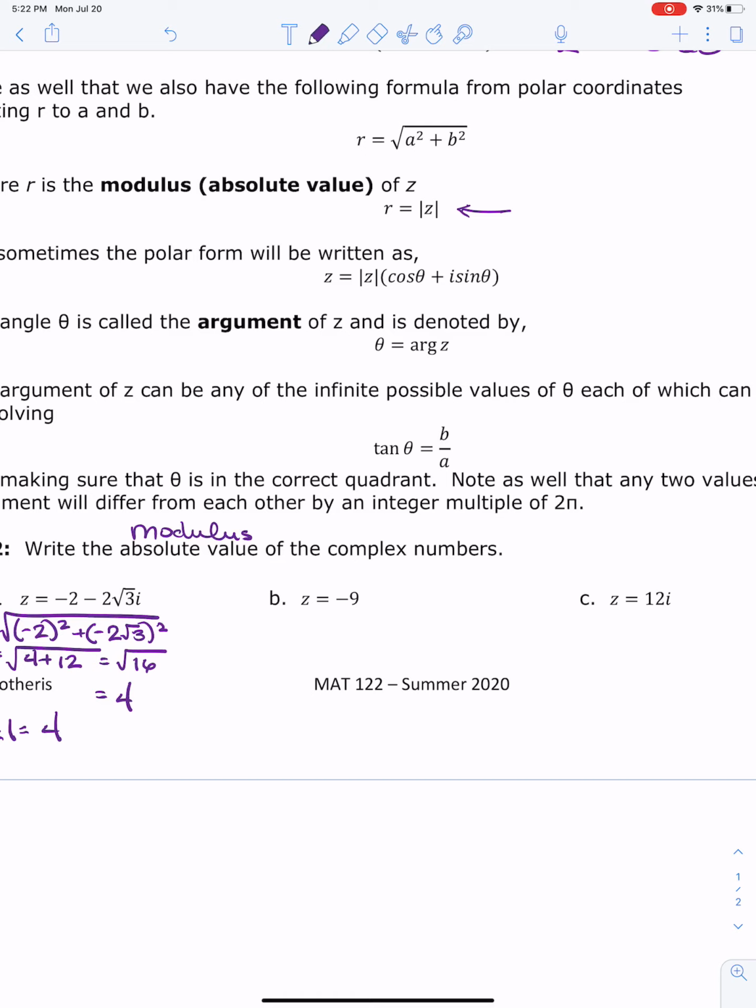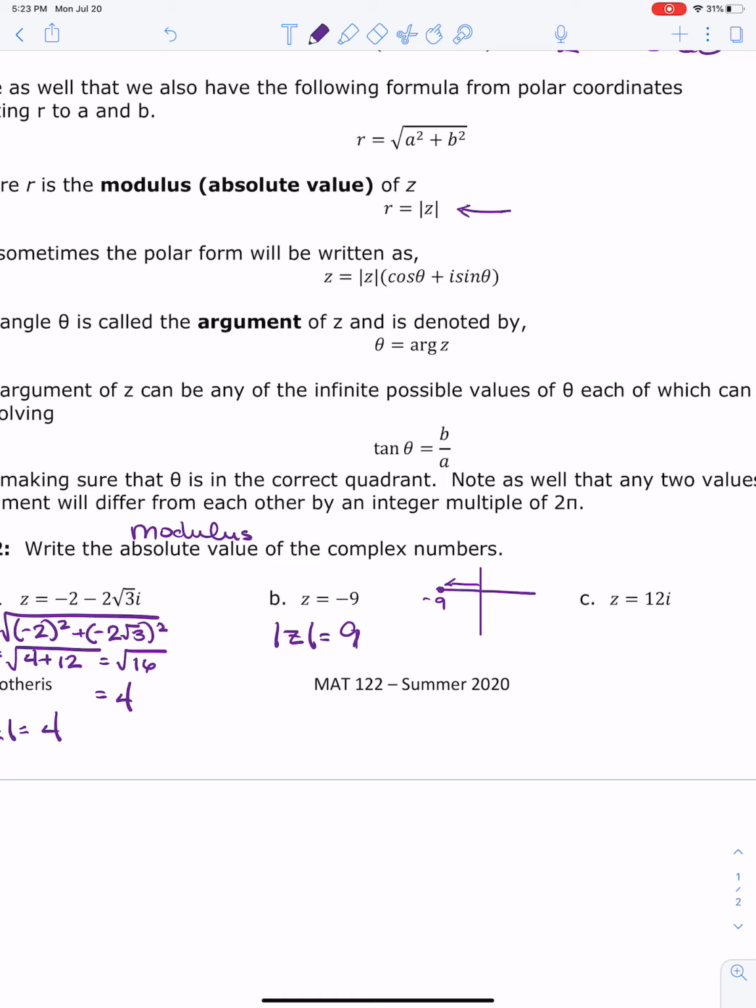Z is -9, and we can plug this into the formula. One thing I do want to point out, think about what this looks like. If here's my axes, -9 is right here. If I'm looking at distance from 0, that's a straight line distance along an axis. It's just 9. Okay, we could plug that into the formula.